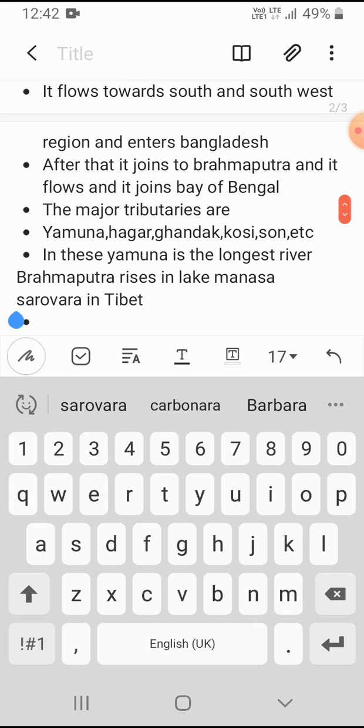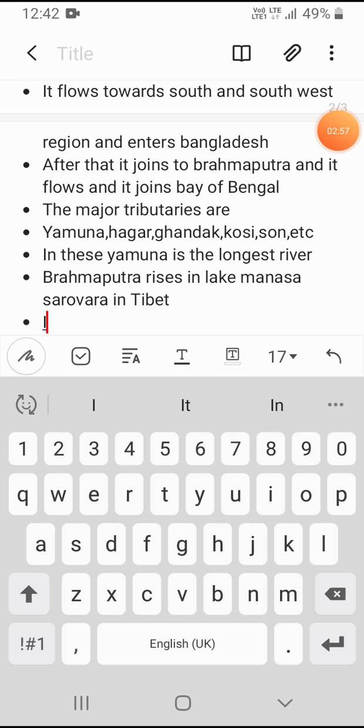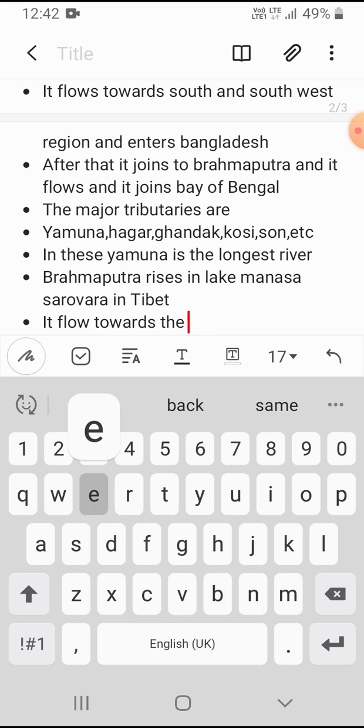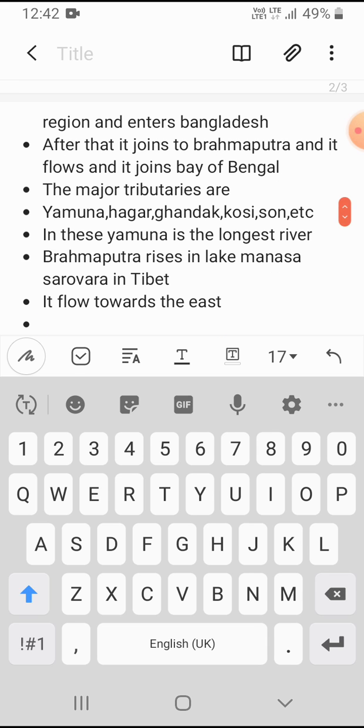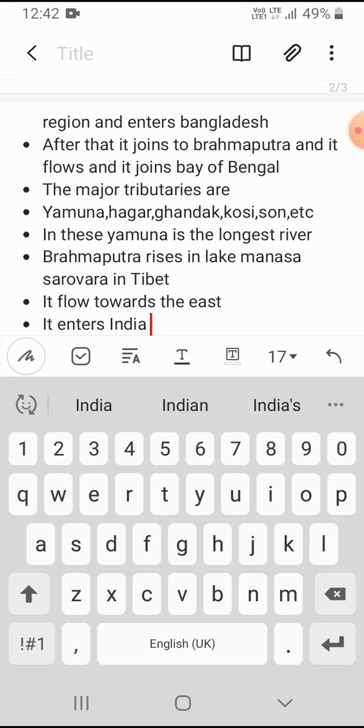After that it flows towards the east and enters India through a narrow gorge in Arunachal Pradesh.